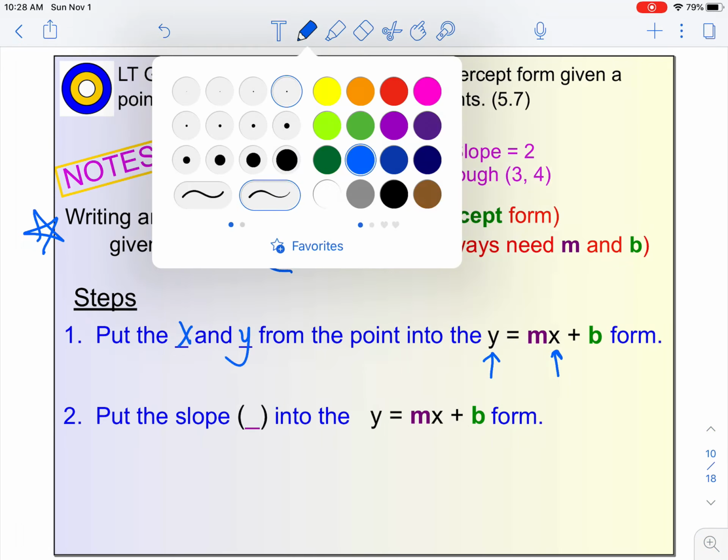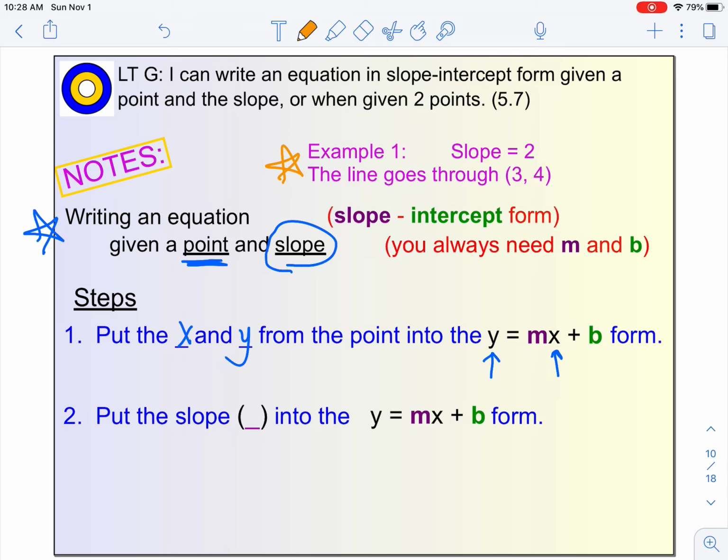So if you look at this example we're going to work through together right here, I'm given this point x, y. So what I would do is put in the x value of 3 right here and the y value of 4 right here. So what I would have is 4 equals m times 3 plus b.